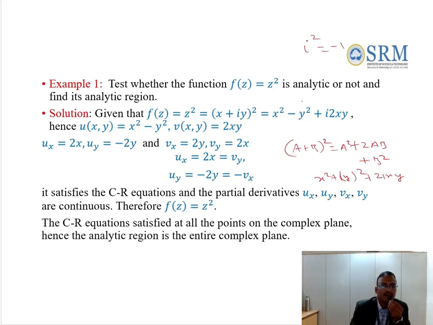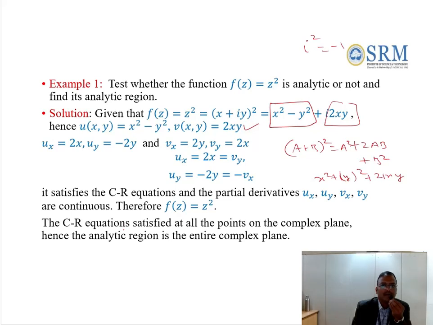Now group the terms into real part and imaginary part. The real part is x square minus y square, and the imaginary part is simply 2xy. So let us call u of x comma y equal to x square minus y square, and v of x comma y equal to 2xy.